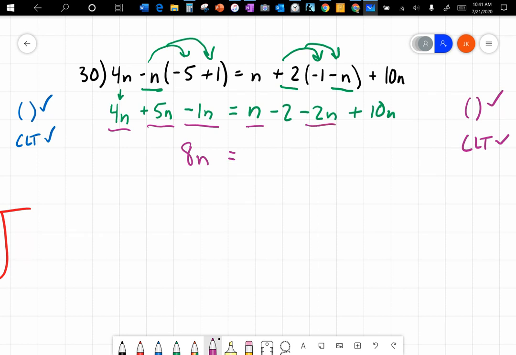So n minus 2n is going to give me negative 1n. Write the 1, don't write the 1, it's up to you. And then negative 2. Oh, whoops, I forgot that other 10n, so let's undo that actually. n minus 2n plus 10n is going to give us a positive 9n. Okay, I almost forgot that.